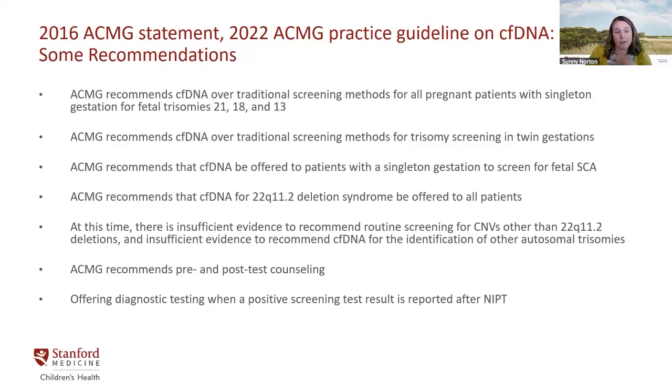They recommend cell-free DNA for twin gestations as well. They recommend screening for 22q11.2 deletion syndrome, but not other microdeletion conditions at this time. They recommend pre and post-test genetic counseling, or counseling in general, and offering diagnostic testing with a positive screening result.